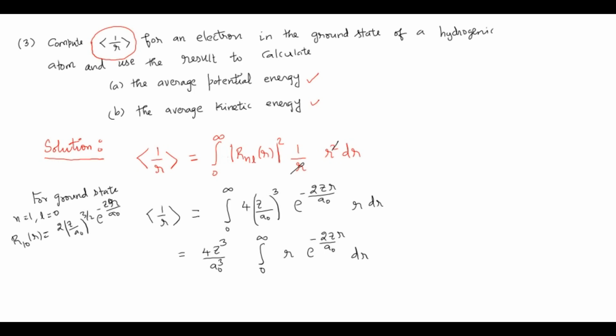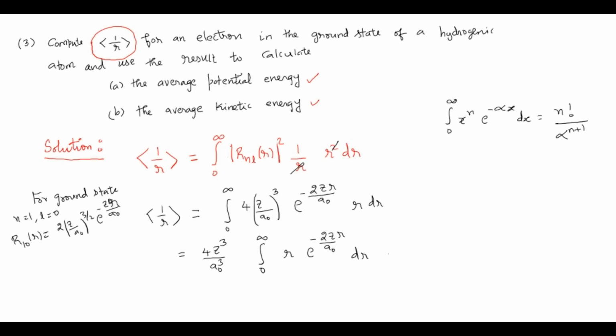And for this integral, 0 to infinity x to the power n e to the power minus alpha x dx is equal to n factorial divided by alpha to the power n plus 1, something like a Laplace transform.